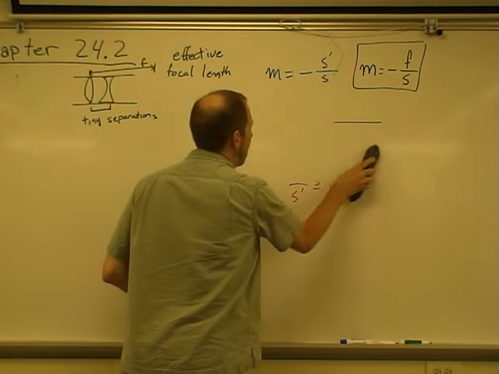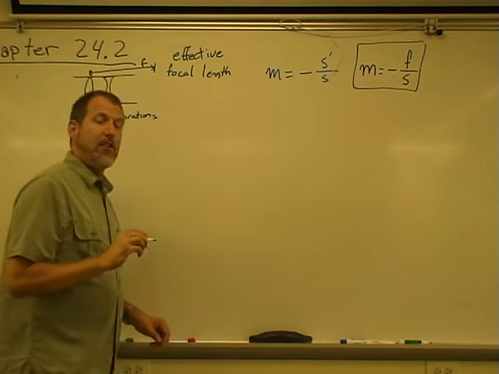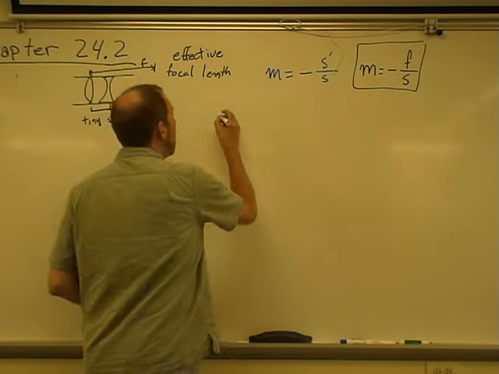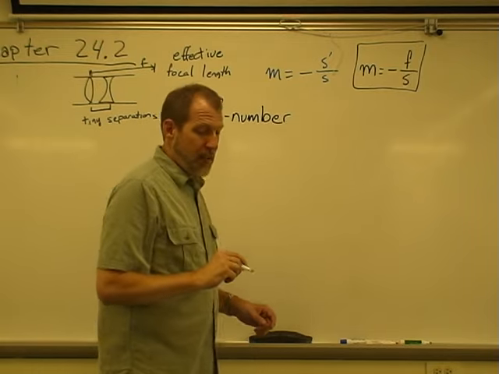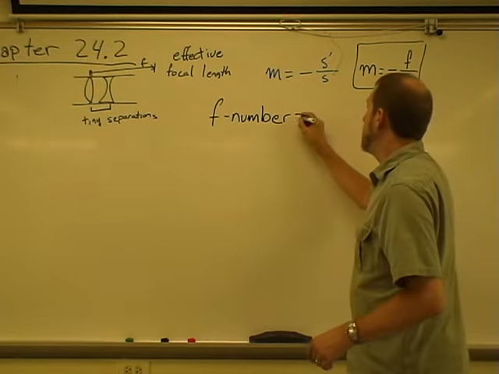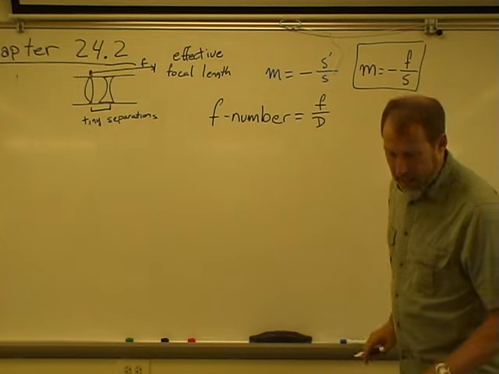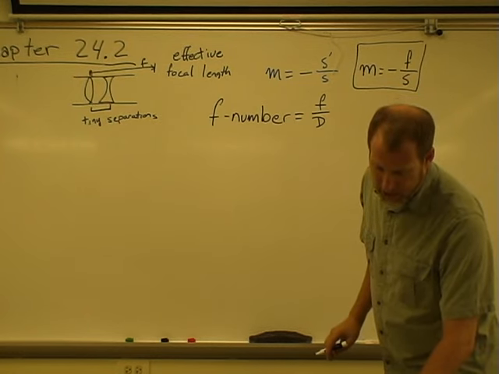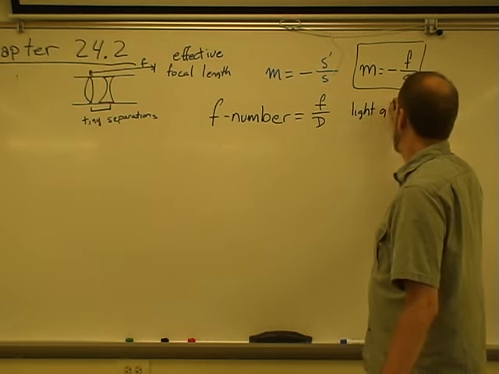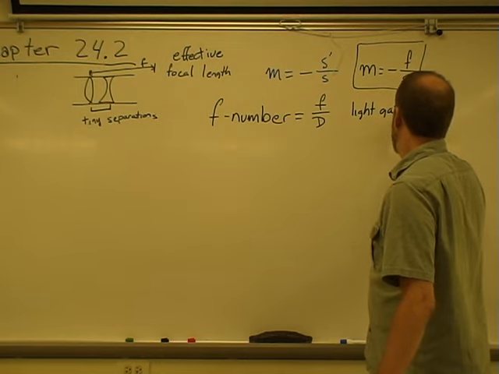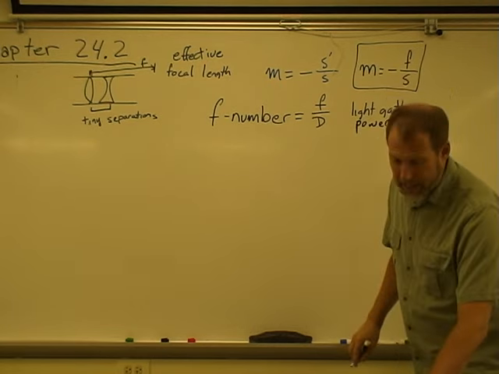Now, this used to be more prominent, certainly when we're working with actual film, but there is another characteristic of the camera referred to as the F number, which is the effective focal length over the diameter, and this is a measure of light gathering power.